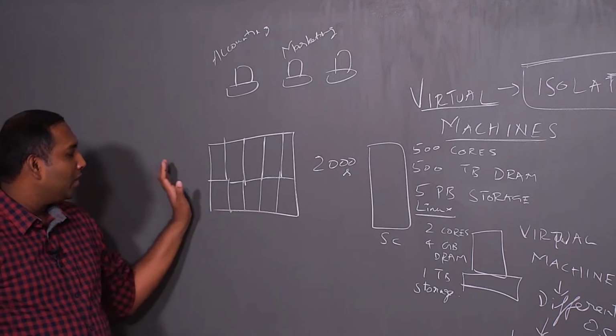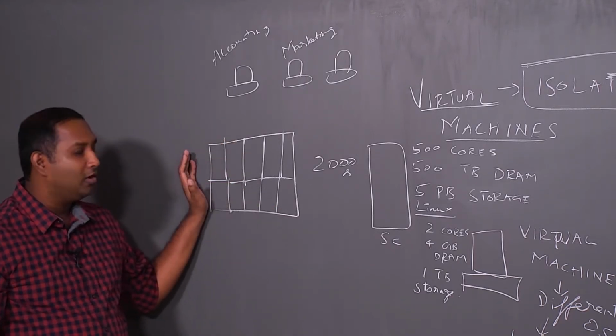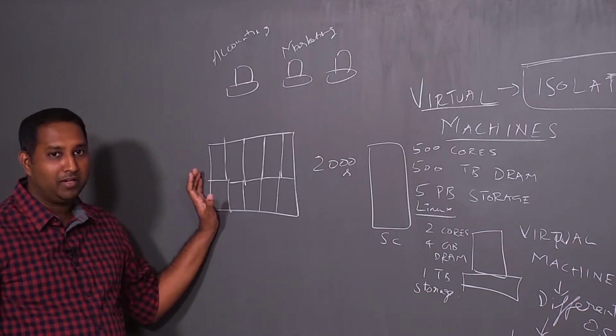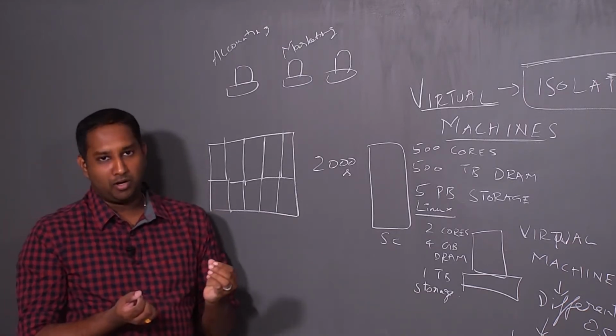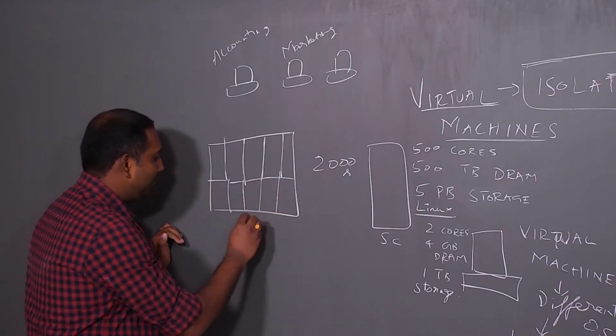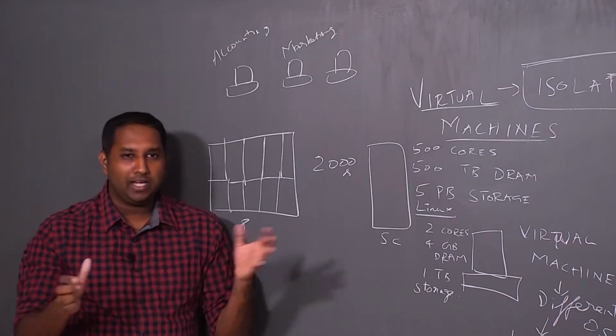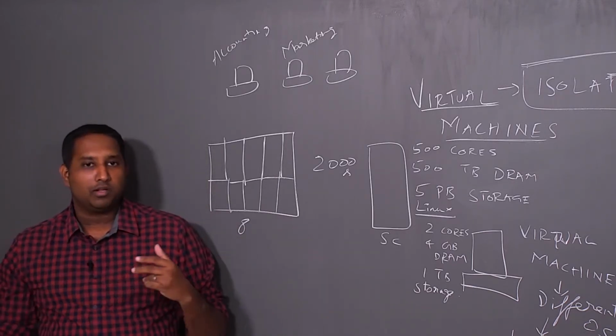So you are able to take the investment you put in, your group of beefy servers, and turn it into a sort of fungible commodity. Even though you have, let's say, 8 beefy servers, you're able to turn them into however many virtual machines you want with very different specs according to what your company needs.